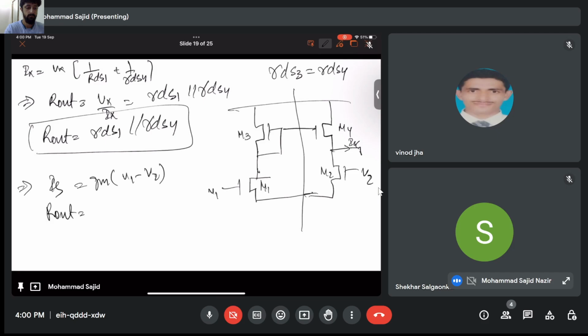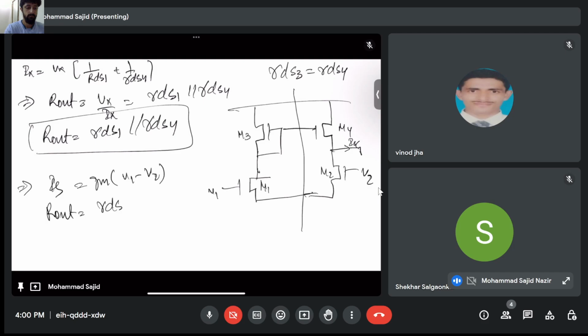You can write it as RDS1 parallel to RDS3. Okay, you don't need to calculate from the starting again and again. You can just see what is in 1 and 2 for that transistor and solve it.